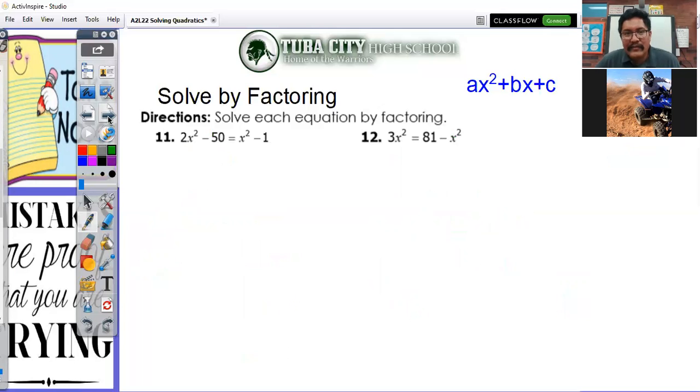All right, so now we're moving into some more of these where they do not have the number already in standard form. So we're going to have to do a little bit of work to make sure they are. No, it wouldn't be digis.